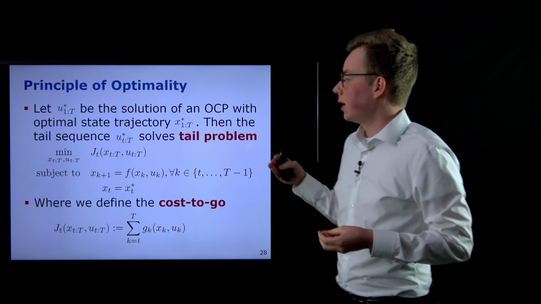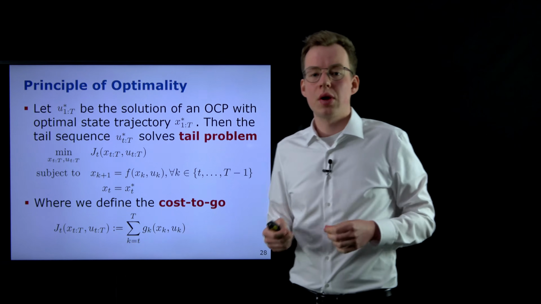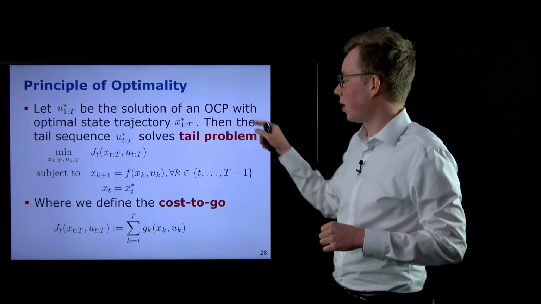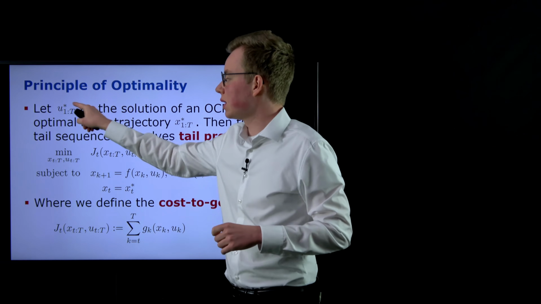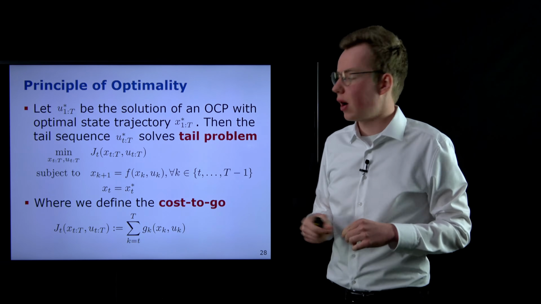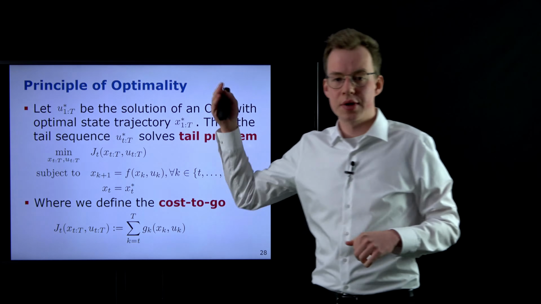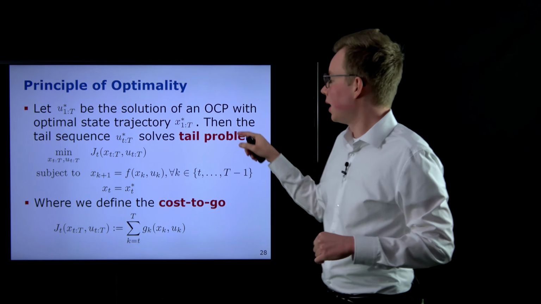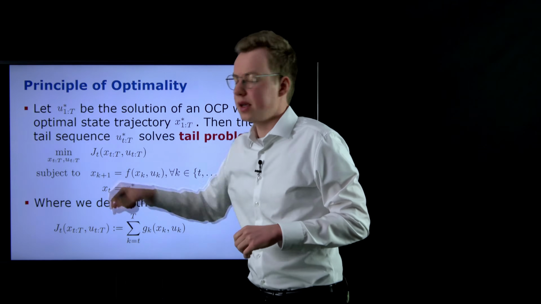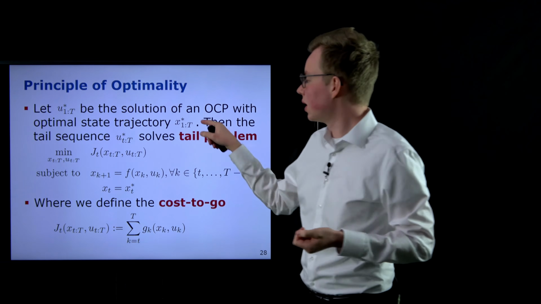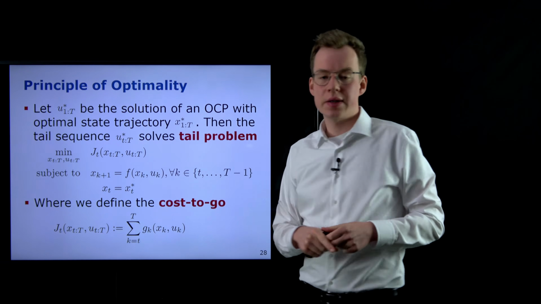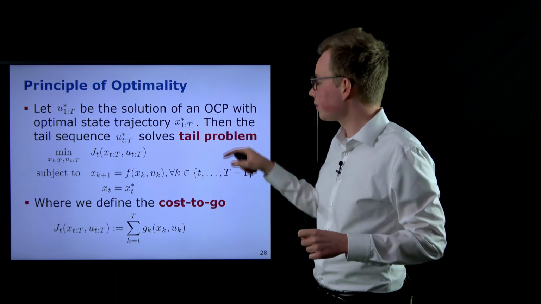More formally, imagine that you know the optimal solution to some optimal control problem. So we know the optimal sequence of states and inputs. You start from 1 to capital T, where T is the planning horizon, and following these controls will induce this state trajectory, X star.